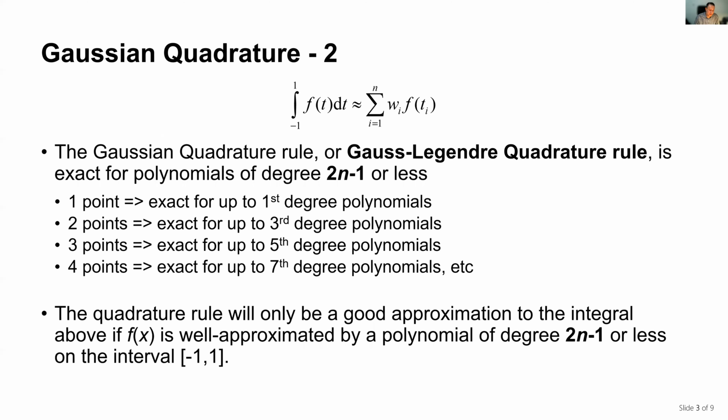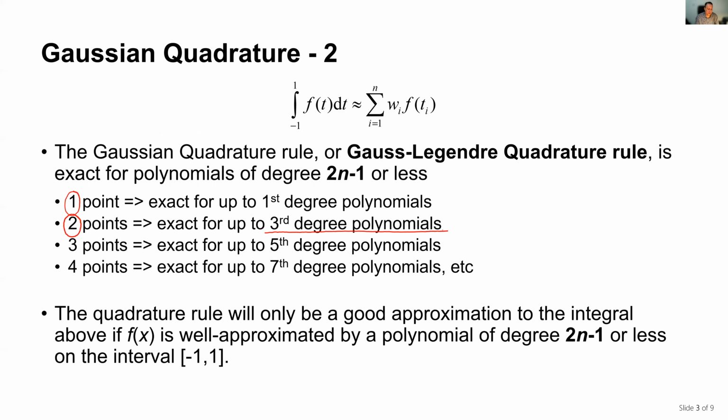So this rule will give us exact results for polynomials of degree 2n minus 1, which means that by using one point, only one point, we can get exact solution for first degree polynomials, which is not so good, but it's only one point. Then by using 2 points, we can get exact solutions for polynomials of up to third order.